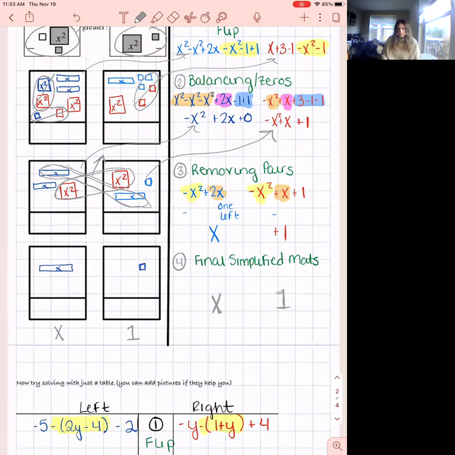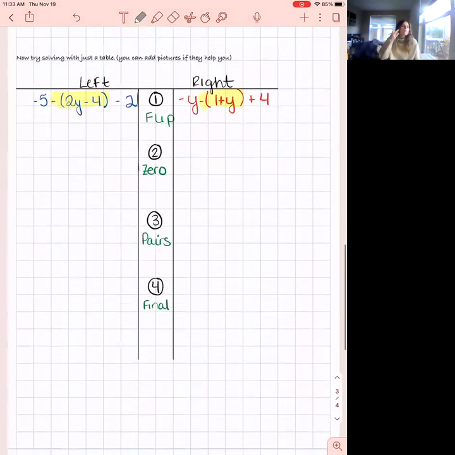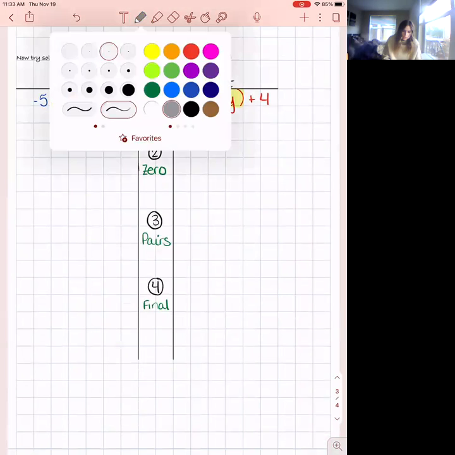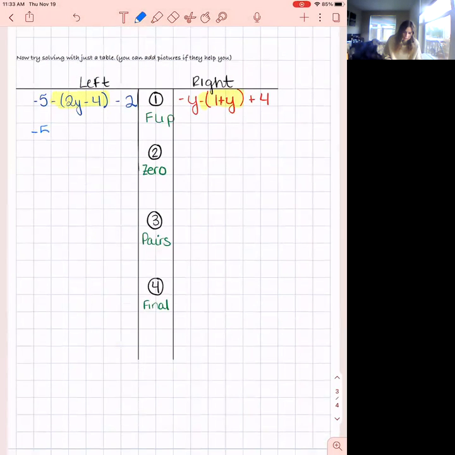All right, here's your final challenge. Can we do it without pictures? This is going to be hard. We'll do it one step at a time. All right, so the first thing is making the stuff that is highlighted opposites. So I still have negative 5. The opposite of plus 2y is minus 2y.